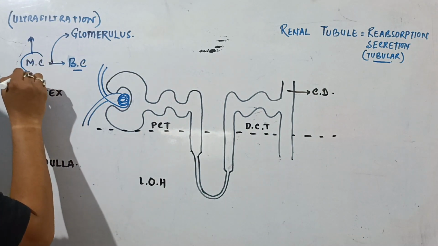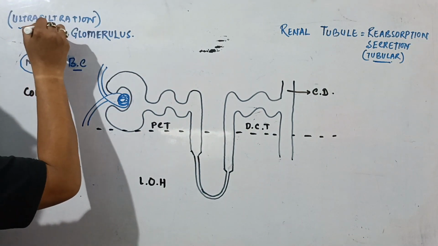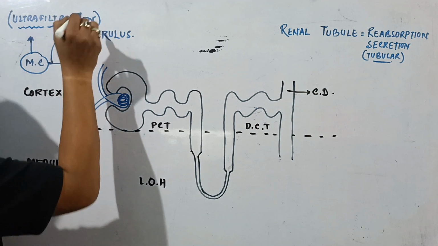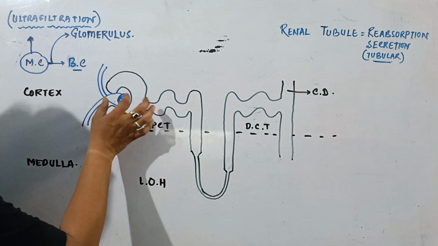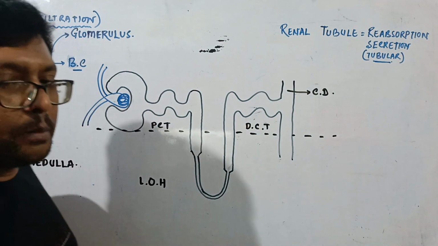The Malpighian corpuscle is involved in the process of ultrafiltration, which depends on the structure of the corpuscle.